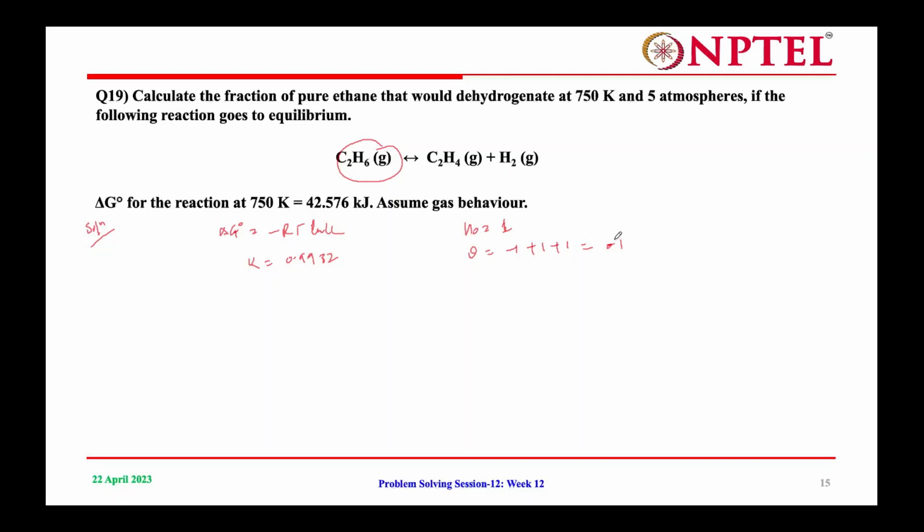So I have to calculate the mole fraction for the ethane, y C2H6, right here.